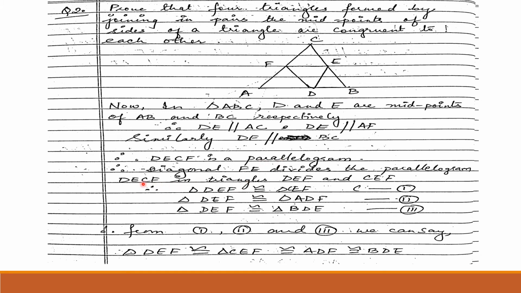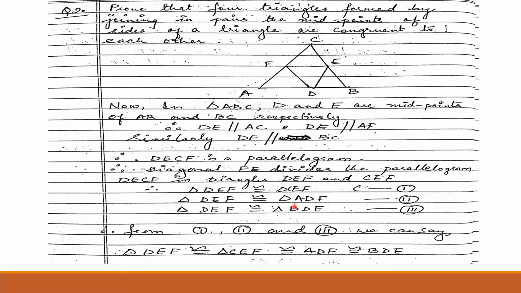Now, in the case of DECF, there are two triangles being formed, that is triangle DEF and triangle CEF. This is the figure which is a parallelogram, and these two triangles are formed within the parallelogram. So we can say that triangle DEF is congruent to triangle CEF.